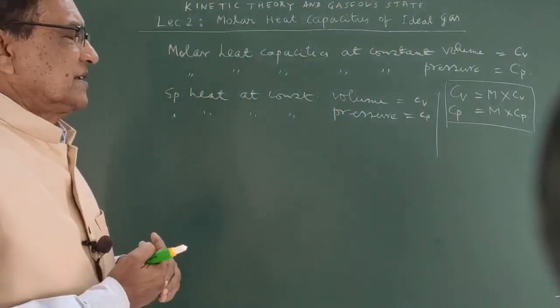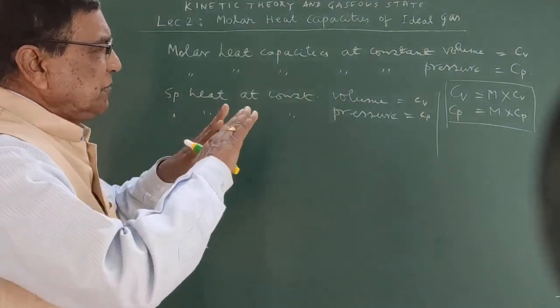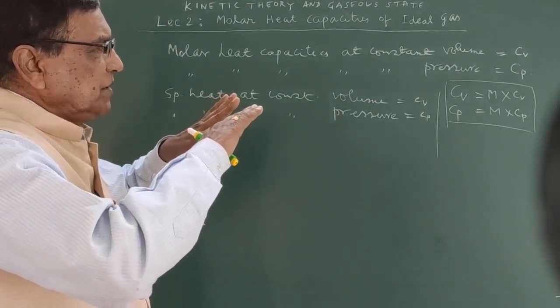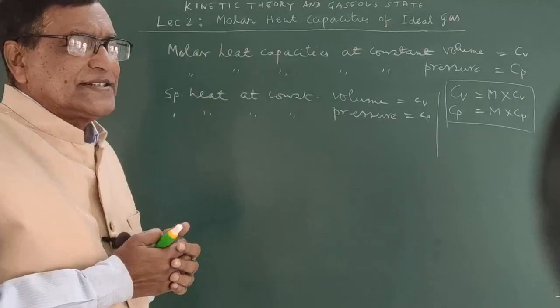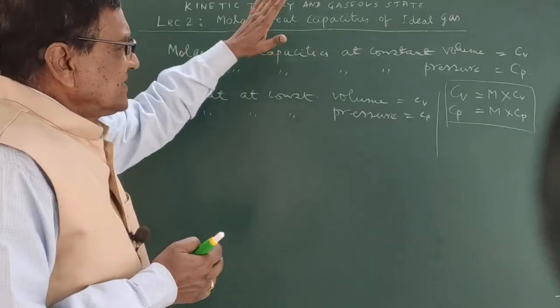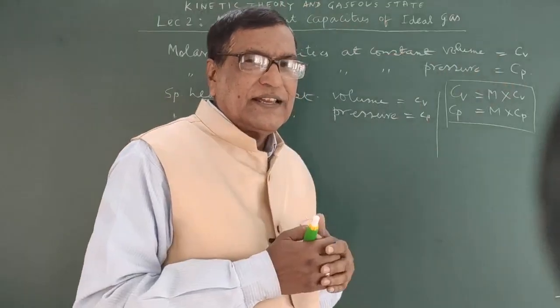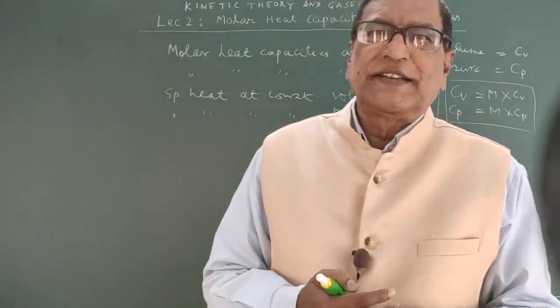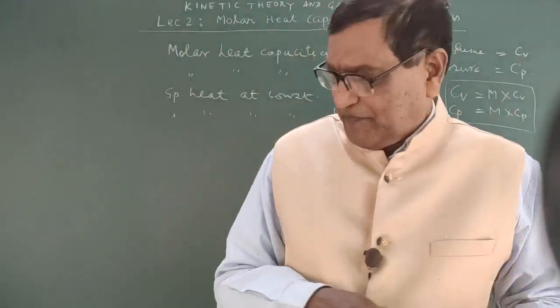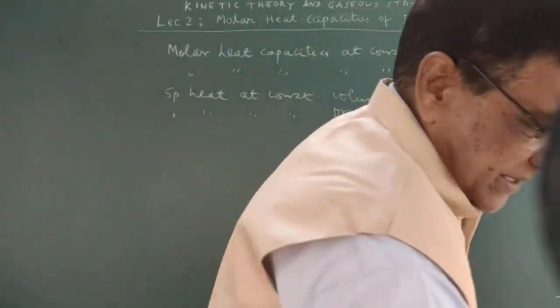If we picturize Cp and Cv, then it could be seen that Cp is greater than Cv. How could we show it?